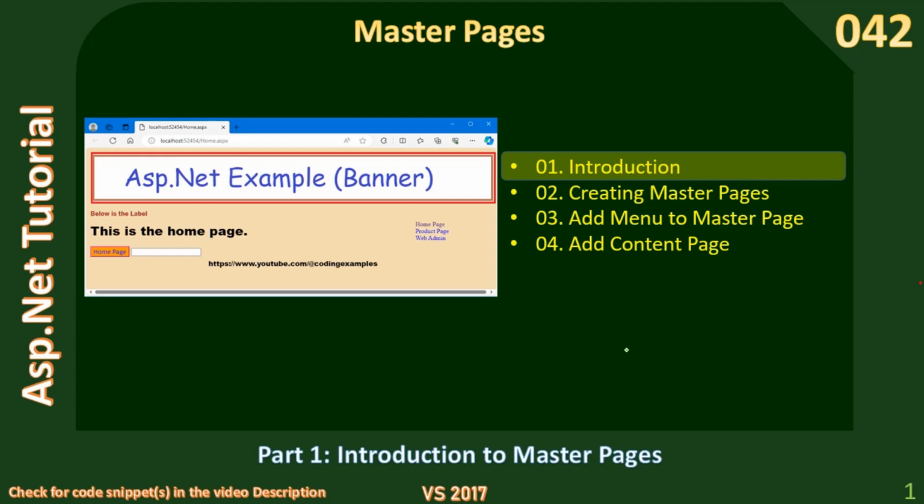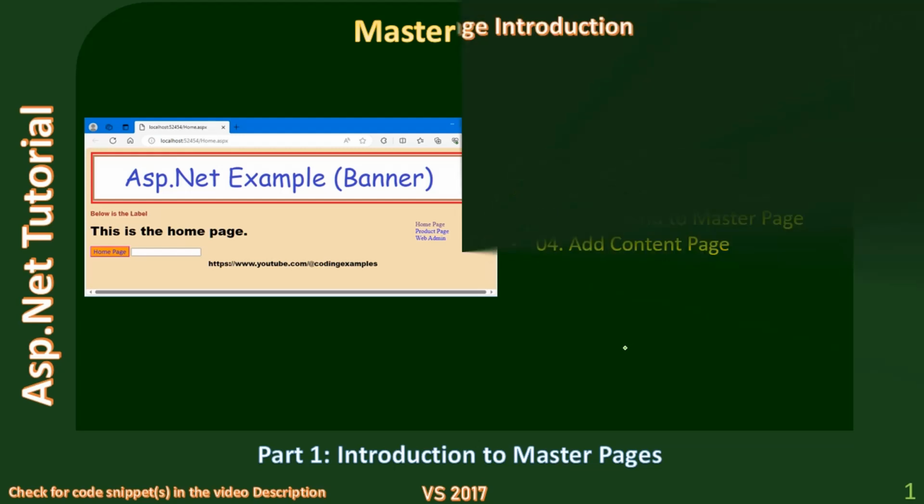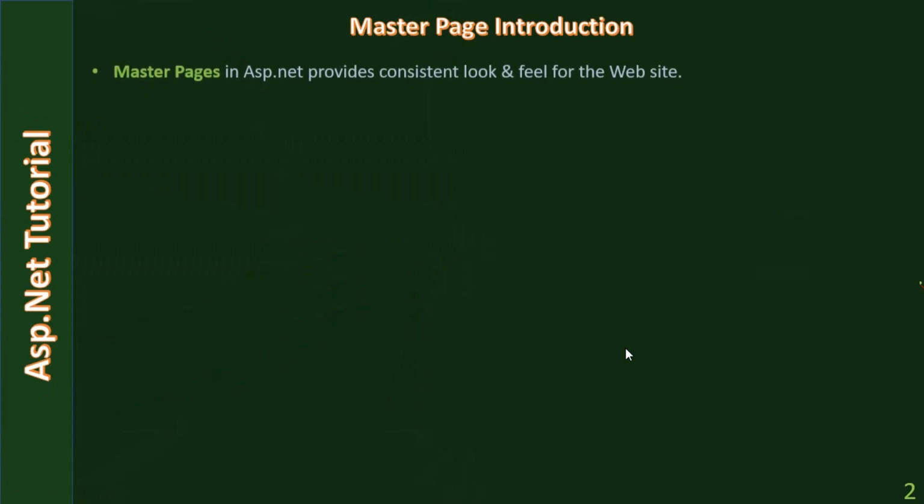In this sub-series, we are going to learn about master pages. Master pages in ASP.NET provide a consistent look and feel for the website. That's the main goal of a master page.